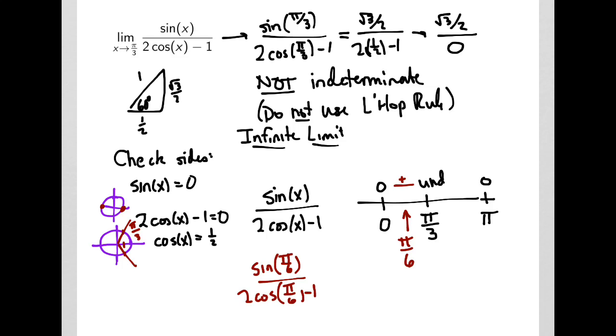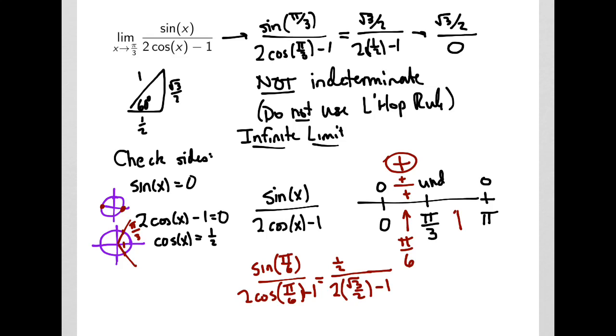I don't think you'd be able to follow my argument. So sine of pi over 6 was a half. We get 2 times root 3 over 2 minus 1. And so root 3 is greater than 1, so that's going to be positive. So it's positive over positive. So I get a positive value on this side.